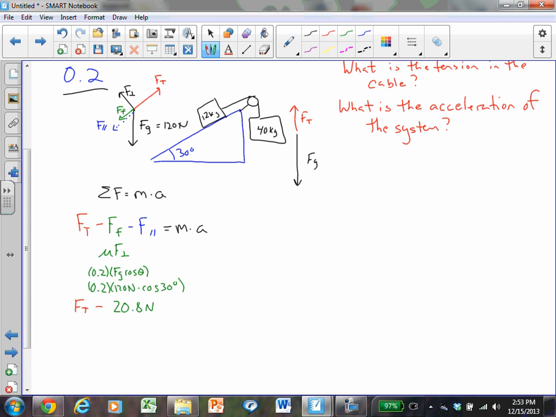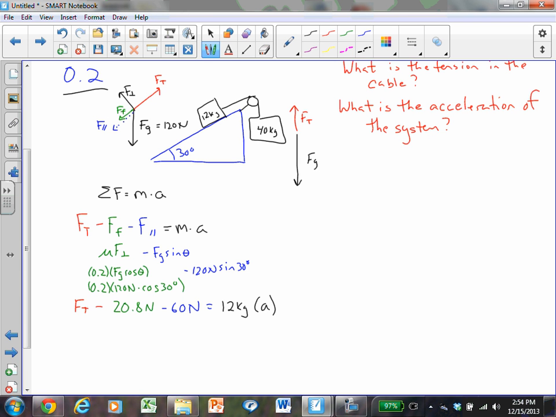F parallel is Fg sine theta, so that would be 120 newtons sine of 30, and that would be 60 newtons, equals the mass of the block, which is 12 kilograms, times our acceleration.